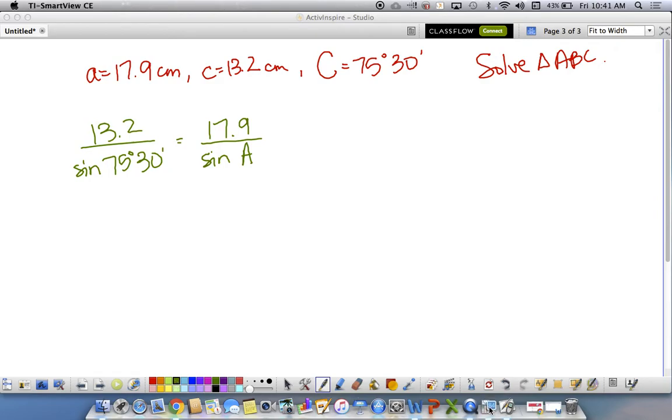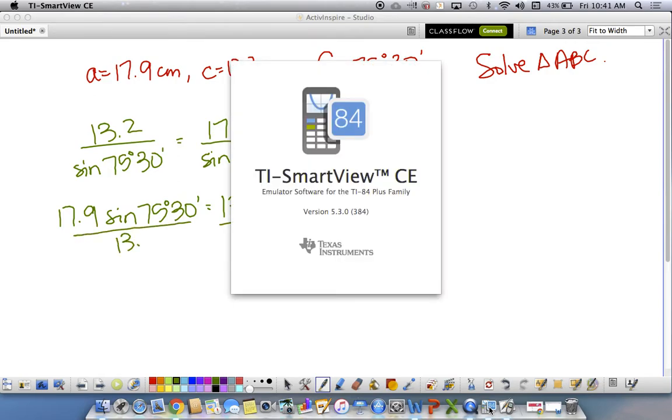So when you cross multiply, you have 17.9 sine 75 degrees, 30 minutes equals 13.2 sine A. We're going to divide by 13.2.